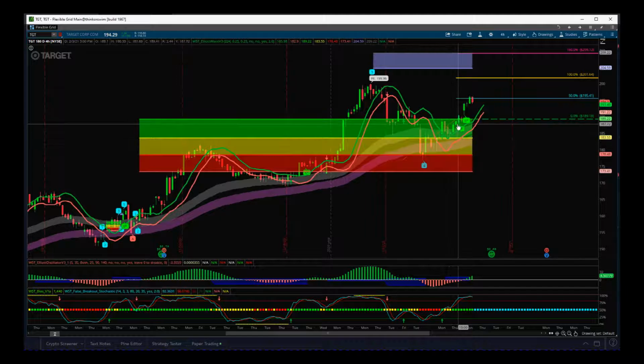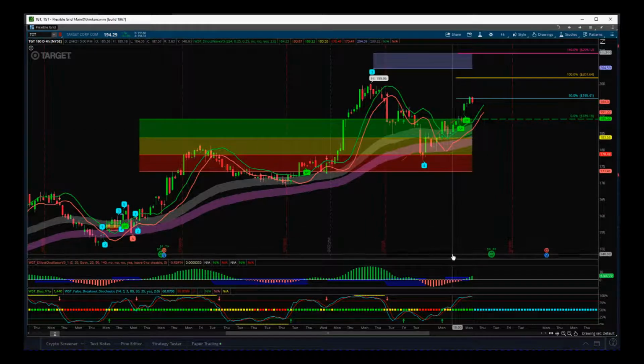And when we're looking for an entry here, we need our bias to be green for going longs. And you can see here on this candle, before our entry, we were green, okay? So we are looking for that long trade.